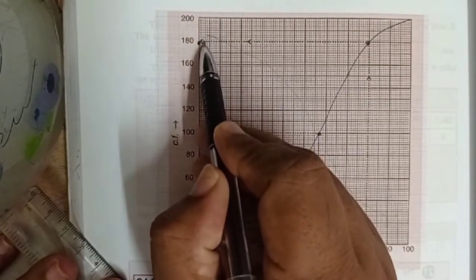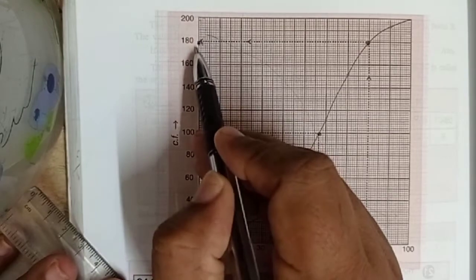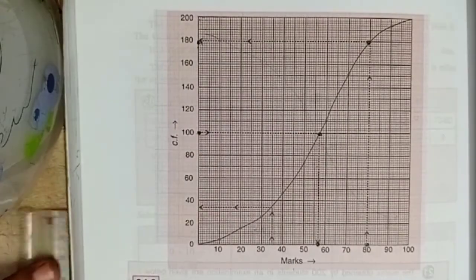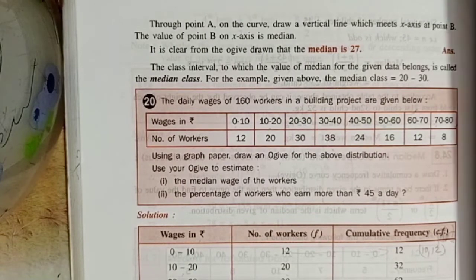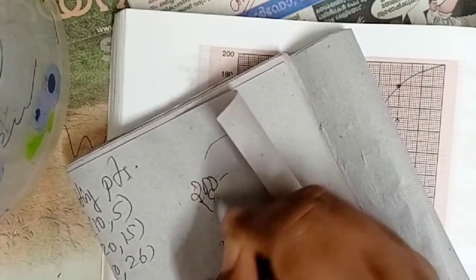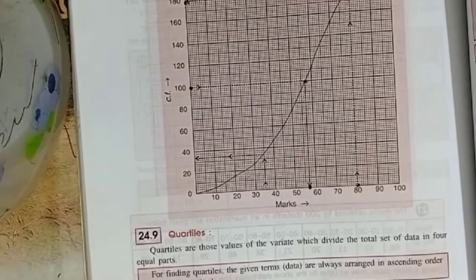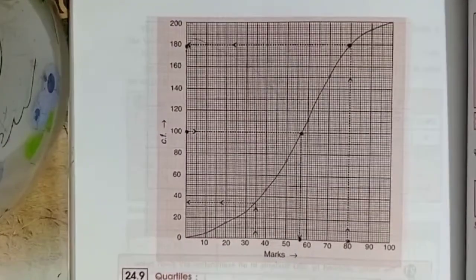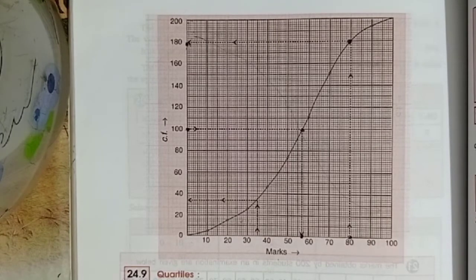Only this many students got more than 80. 200 minus 180. That is 20 students got more than 80%. Okay. 20 students obtained more than 80%.